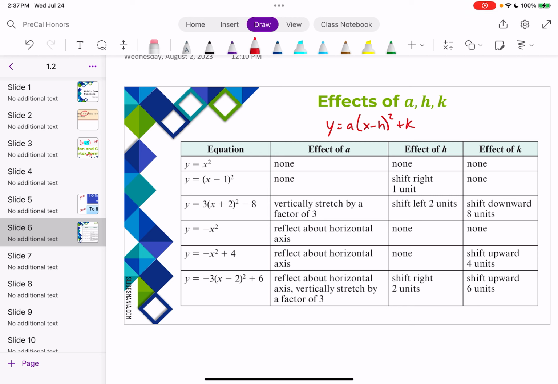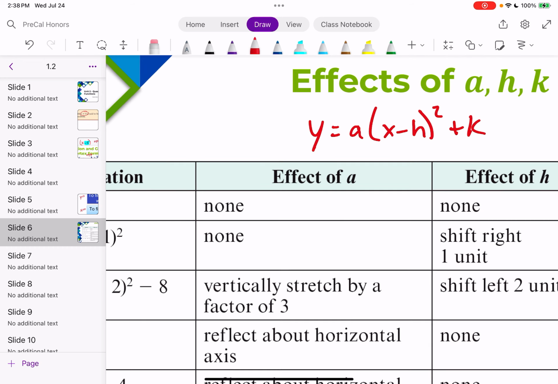Here we have a slide with various equations and what the effects would be for A, H, and K. So before we do anything else, let's go over what those different letters mean just one more time. Remember, our A is either going to tell us if it's positive or negative, meaning if it's facing up or down. It's also going to tell us if it's a vertical compression, a vertical stretch, or none.